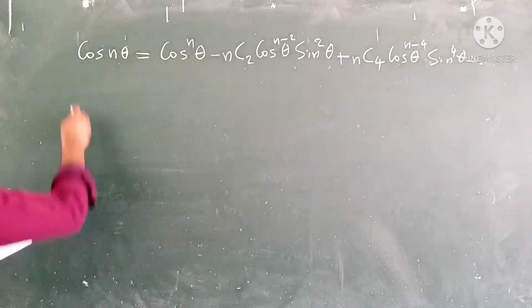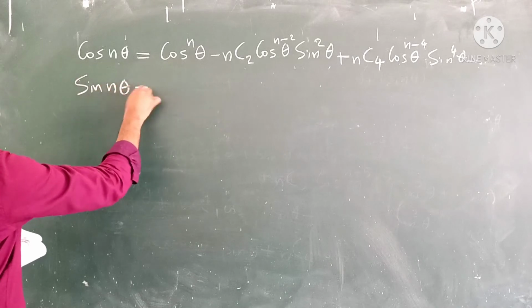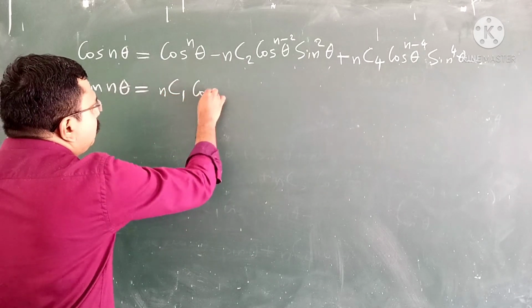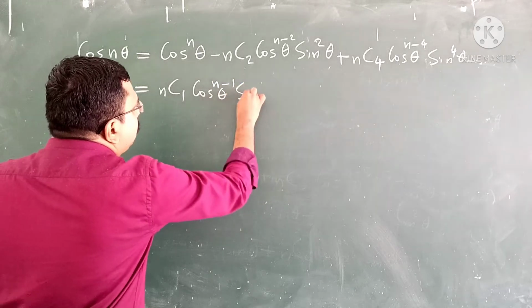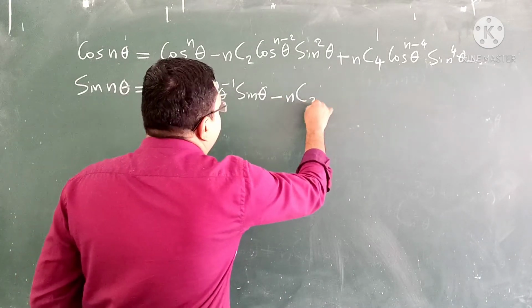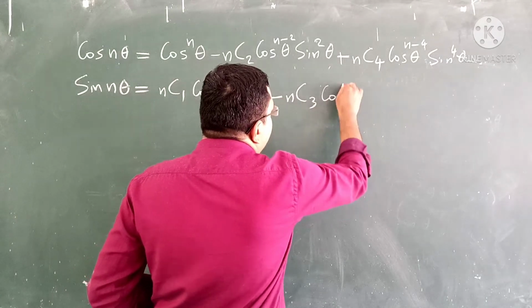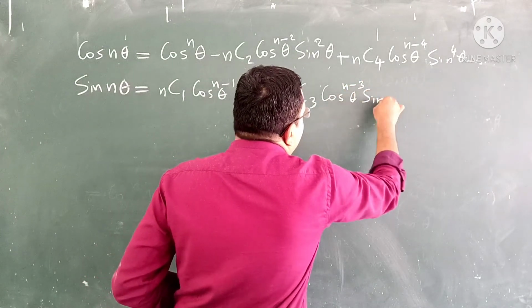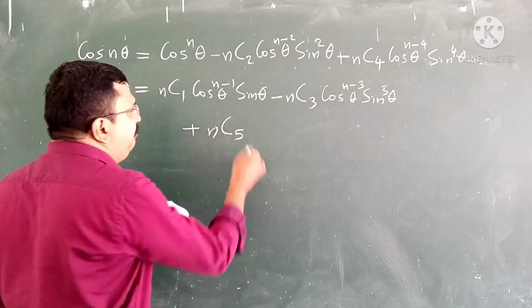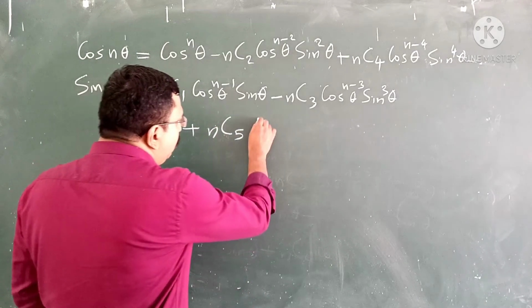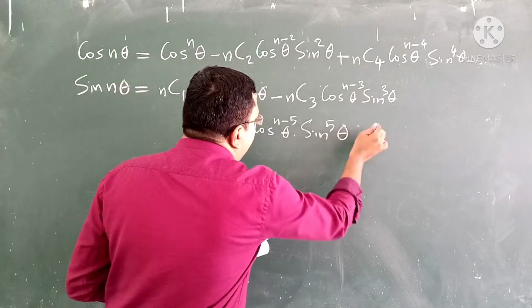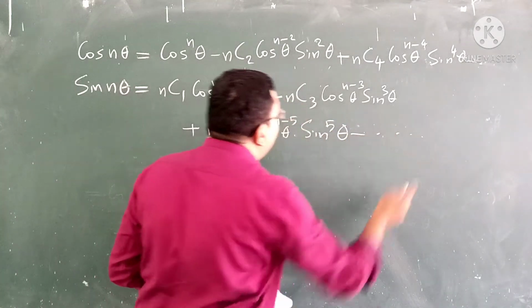Next one is sin nθ. sin nθ is equal to nC1 cos^(n-1) θ sin θ minus nC3 cos^(n-3) θ sin³θ plus nC5 cos^(n-5) θ sin⁵θ minus etc. Okay.